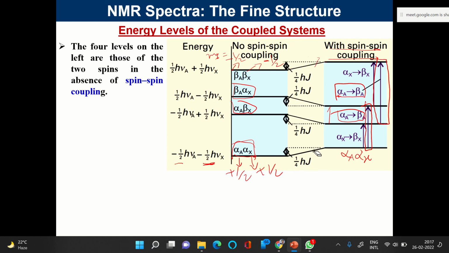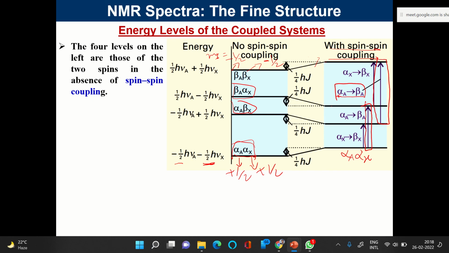What is the difference between the two arrows? At the position of A, in absence of X, A would have appeared as a single peak. Now the same transition alpha A to beta A is appearing at two different positions, slightly separated from each other by this particular amount. So the separation between the two is about, we will see this.